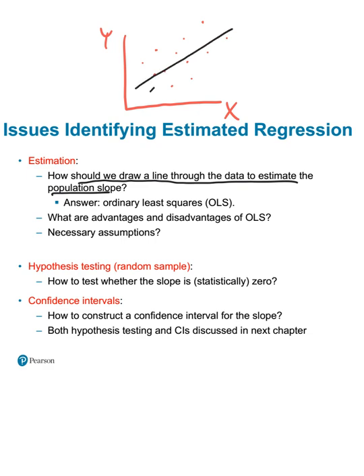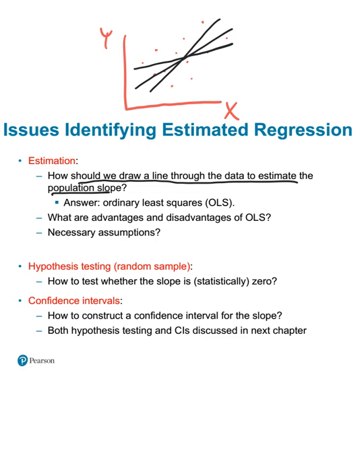I can draw it slightly like this. I can draw it like this. And each one of these lines is positively sloped, but they have different slopes. And if the slope identifies the causal impact of the x variable on our dependent variable y, then we want to try to estimate the slope as perfectly as possible.